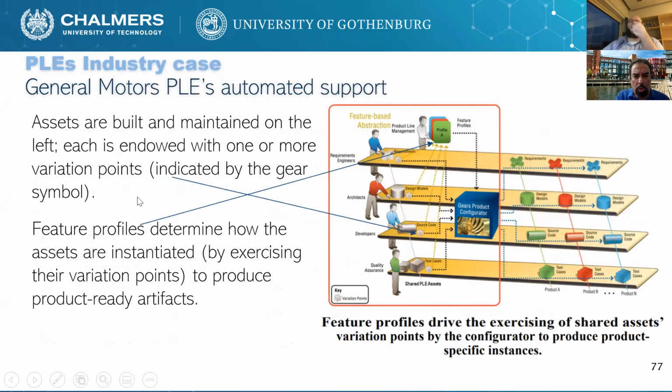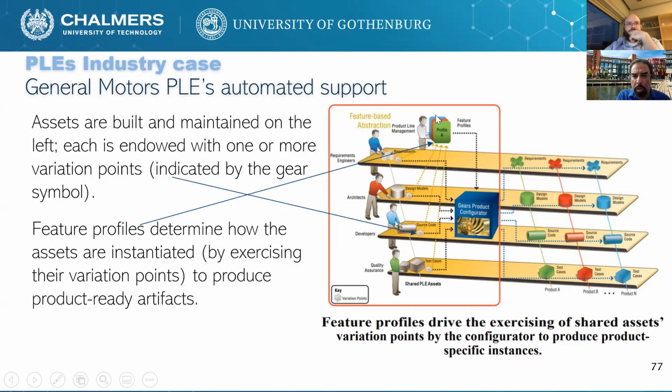Here is a closer example of how they are doing it when they produce artifacts for their products. For example, this person here on the left, indicated by the gear symbol, is practicing the variation points. As I told you, the assets have variation points, and they change these variations.